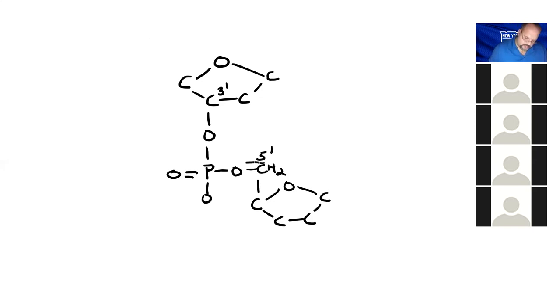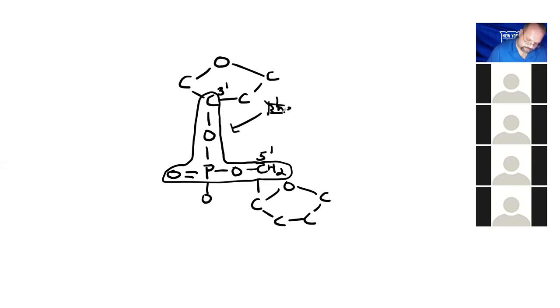And as we saw in the notes, and I'll just circle it here, the connectivity that links nucleotides together is an example of what is known as a phosphodiester bond.